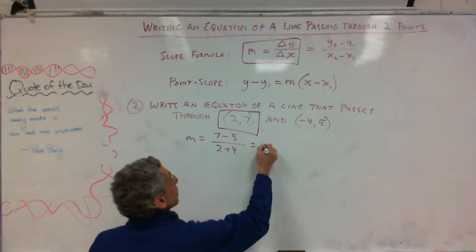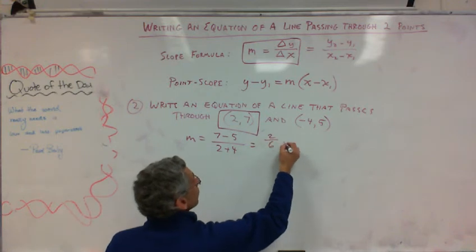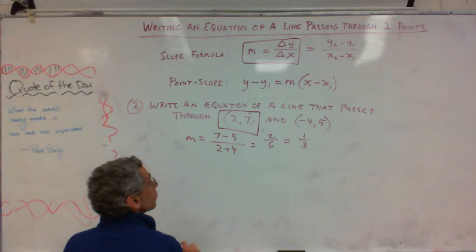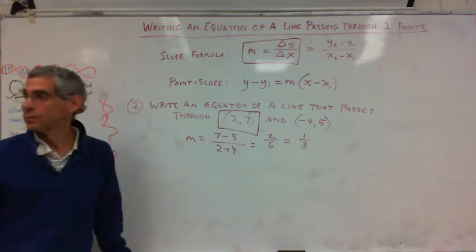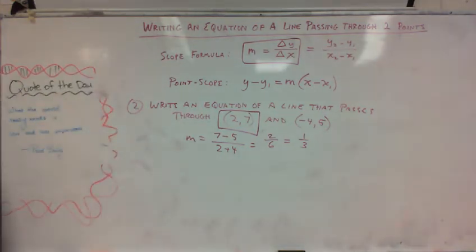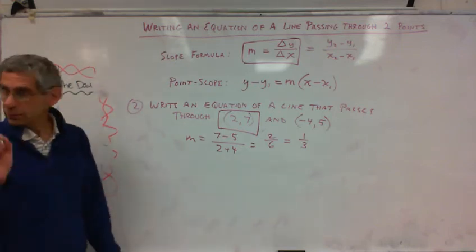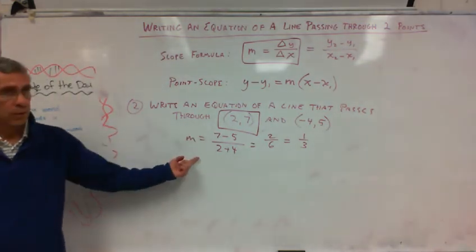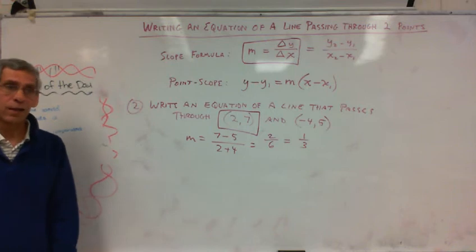So that gives me 2 over 6, which is equal to 1/3. Am I right? So my slope is 1/3. That wasn't very hard. So you're writing this down? Because you're going to need this for homework. That was really easy to find the slope. Now it's even easier to write the equation.